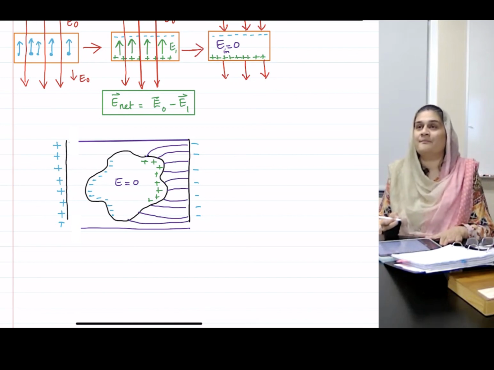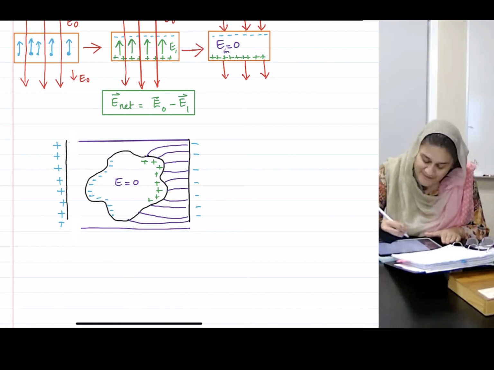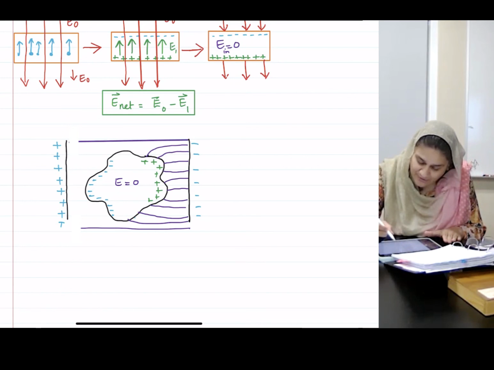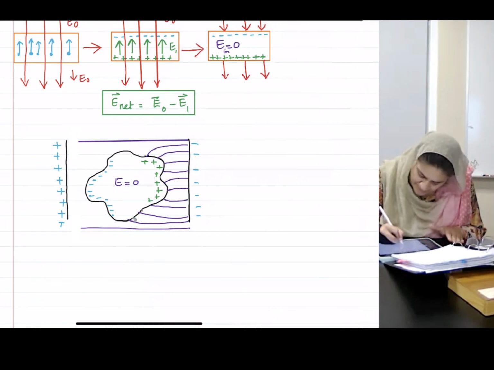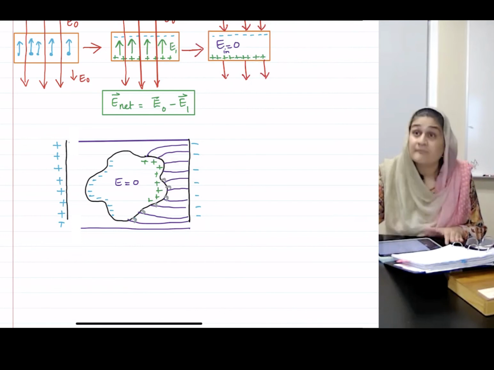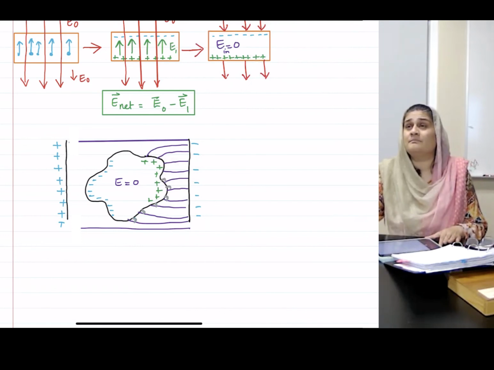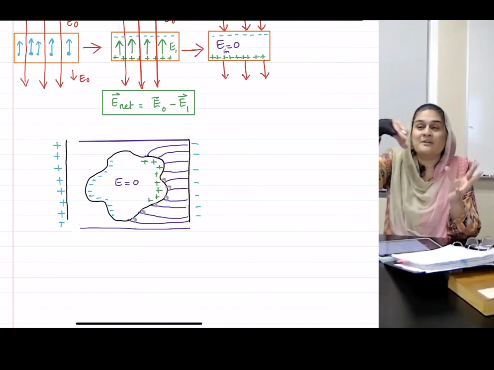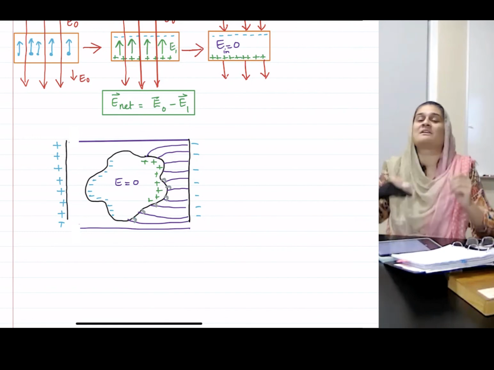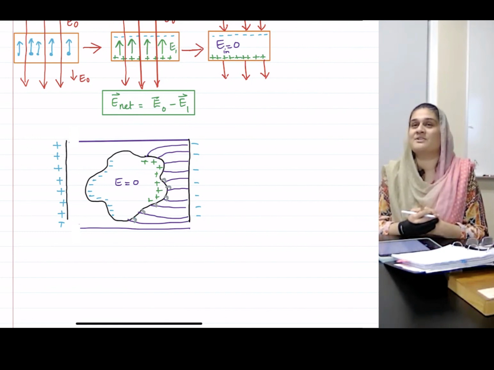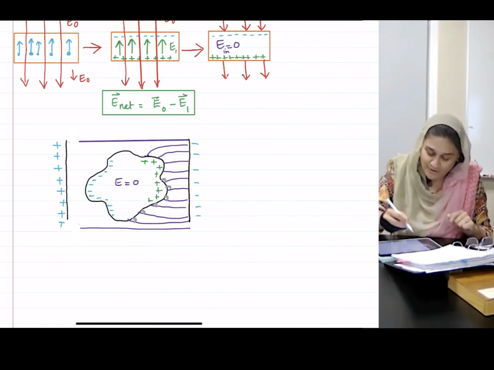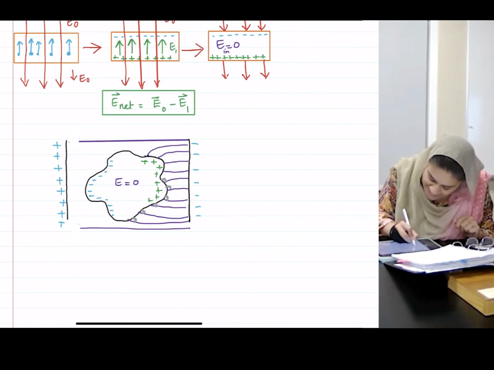Do you see that? There will be always a 90-degree angle between here and here. Do you see it? Between these two lines. So they will twist themselves around the conductor, no matter what shape it is. And on the other side, it'll do the same thing.